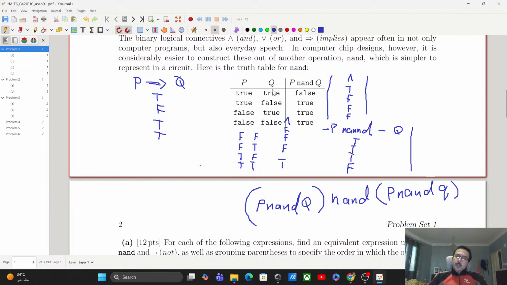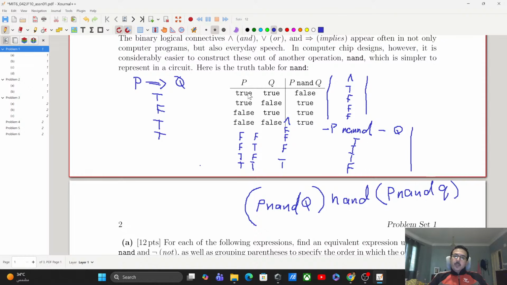So I got true and true, which is false. I got false and true. No. Yep. It's false and false, which is true. It's not gonna cut it.